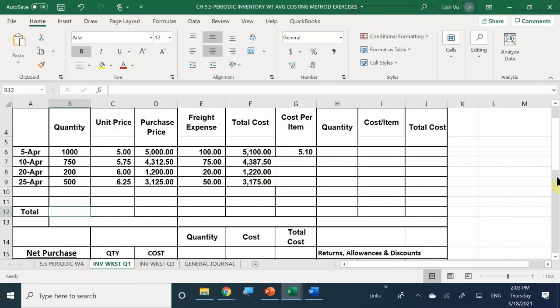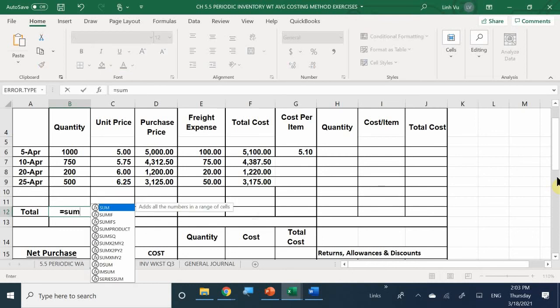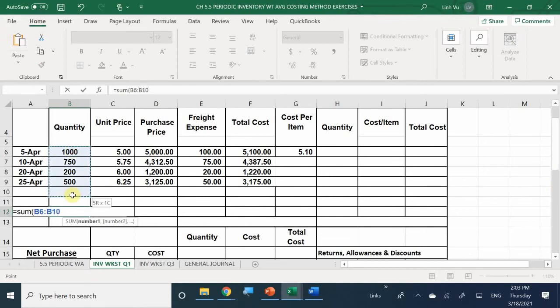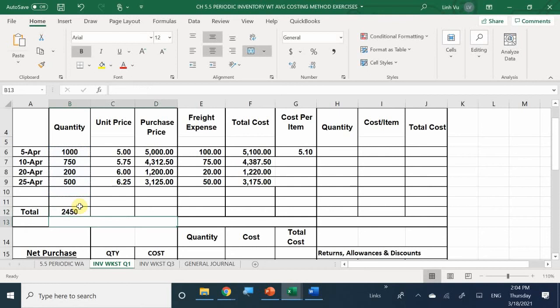Add up the quantities, and add up the purchase price, freight expenses, and total cost. For this one, you don't need to add up the unit price. That doesn't matter. But the purchase price, the freight, and the total cost, yes, you have to add them all up. So here, I'm just going to format it.